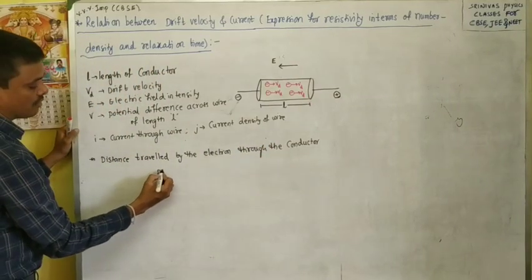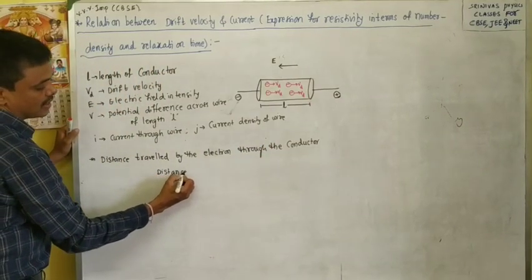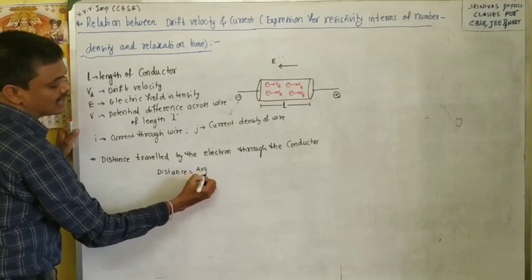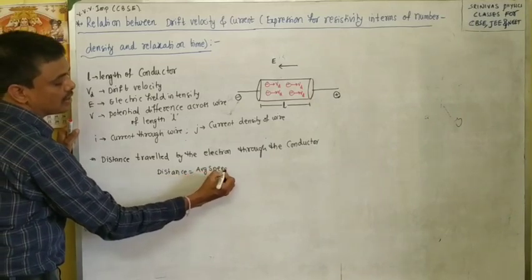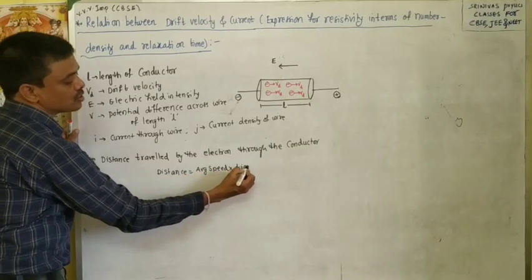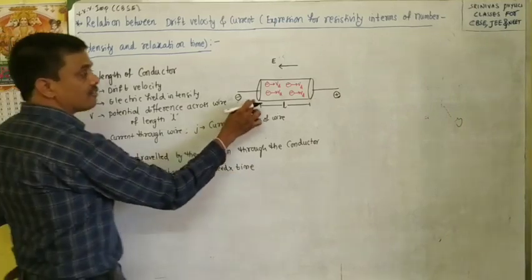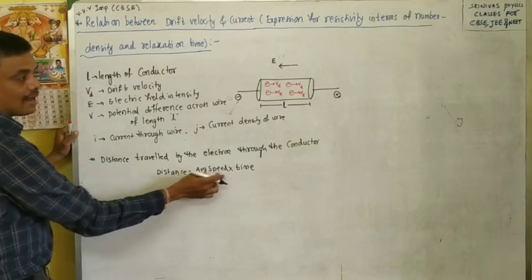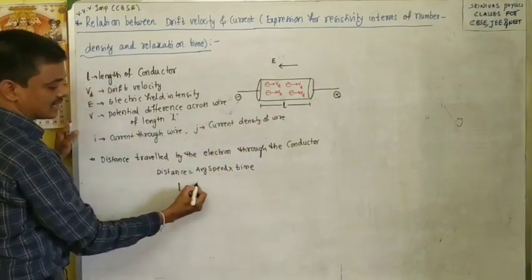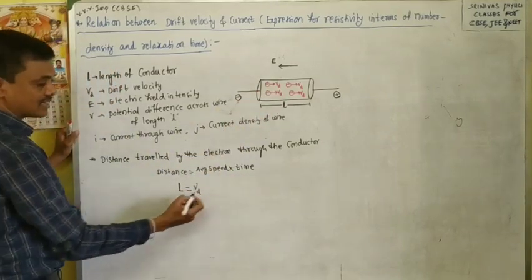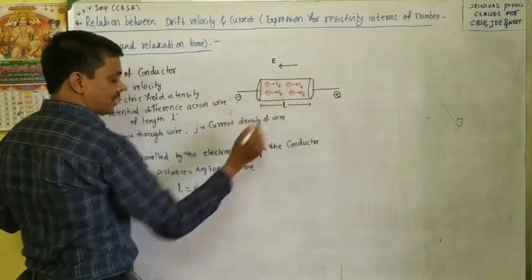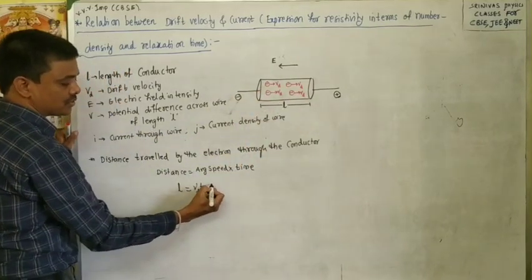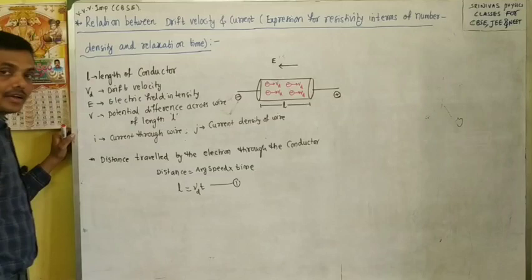The formula for distance is distance equals average speed into time. The distance traveled by the electron is L. Average speed is called the drift velocity, Vd. The time taken we can consider as t. So L equals Vd into t. This is equation 1.